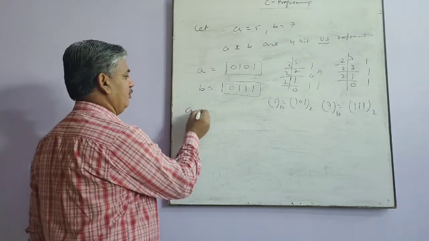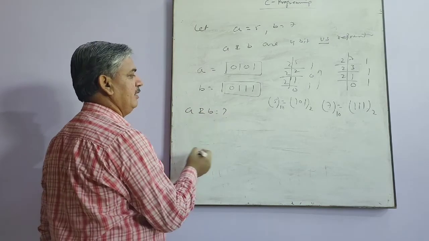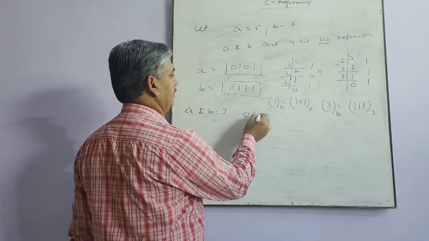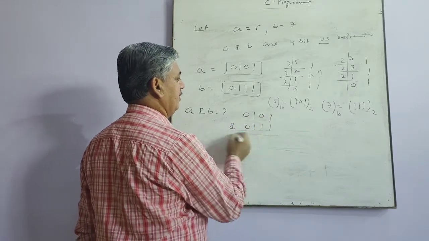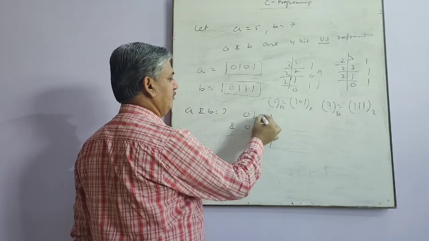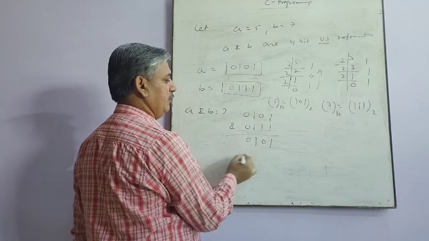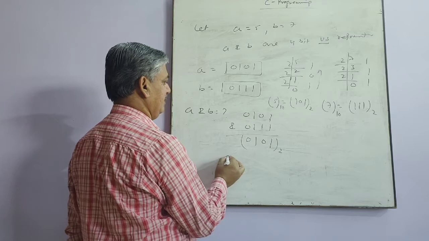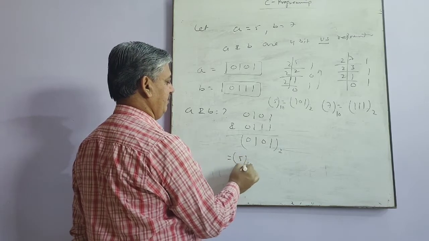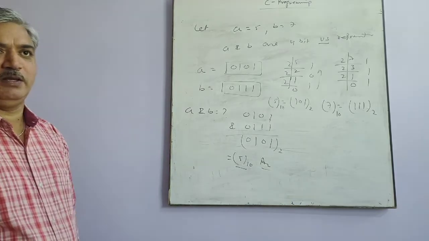Suppose we want to compute A bitwise AND B. So 0 1 0 1 AND 0 1 1 1 gives 0 1 0 1. So this is what? Decimal 5. 5 is the A AND B answer. Clear?